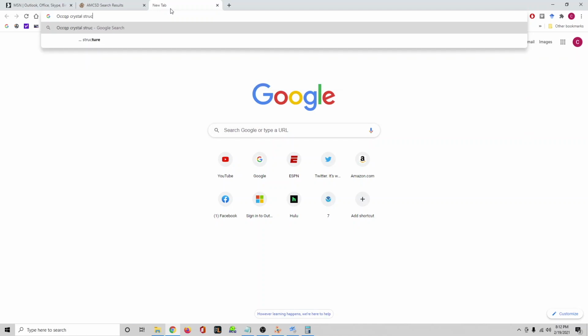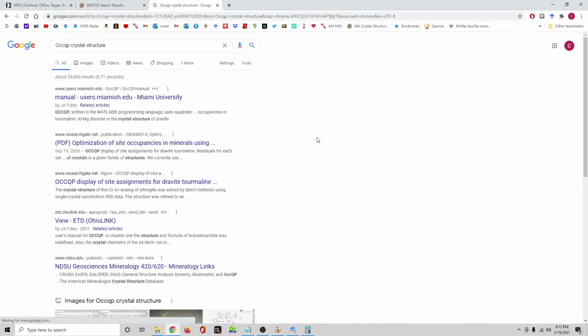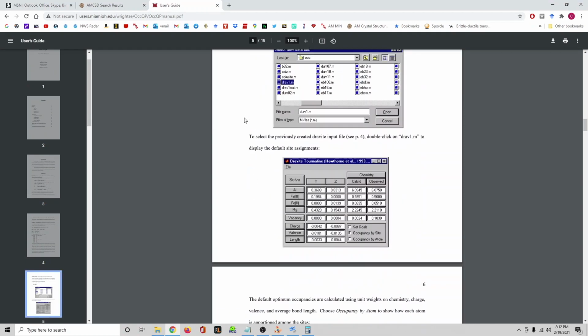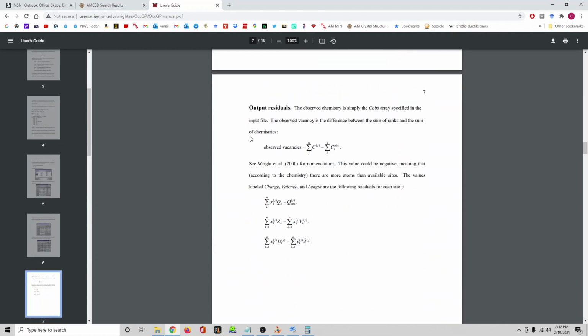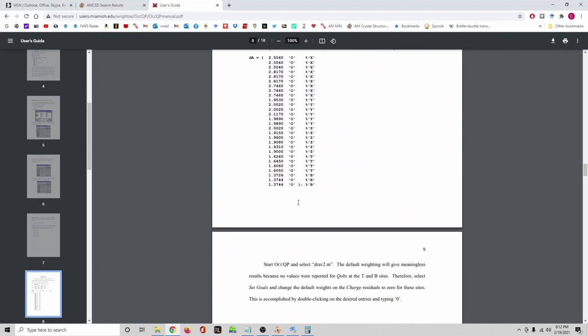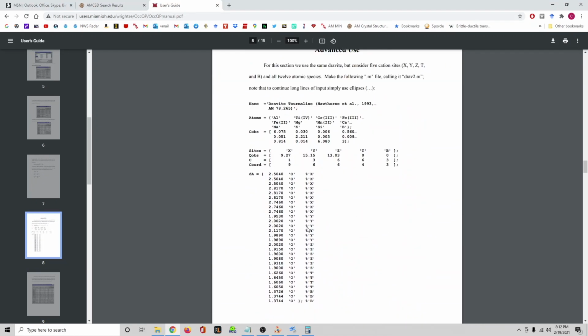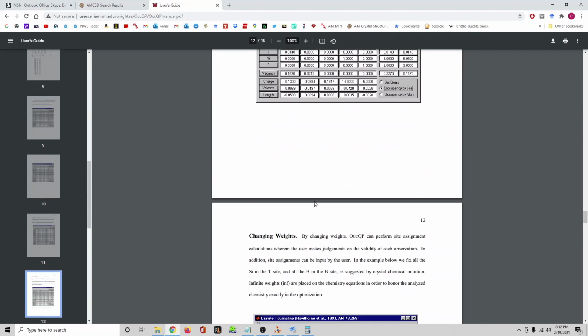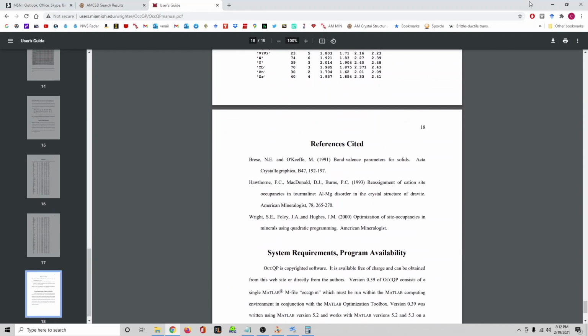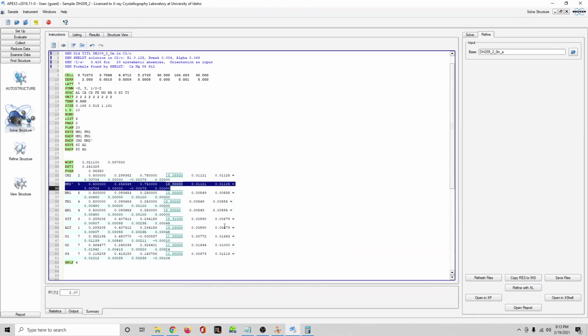Crystal structure. And the benefit of these is that rather than only using scattering factors, these refine based on optimal bond lengths and bond valence sums to assign the correct atoms to each site. But it takes a little bit of practice and knowledge getting used to those programs for making all of these proper ratios and calculating them out.